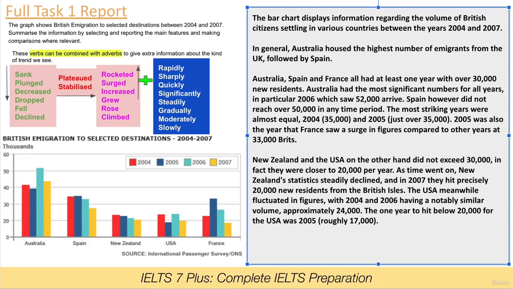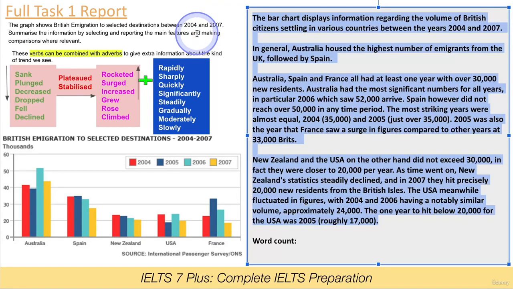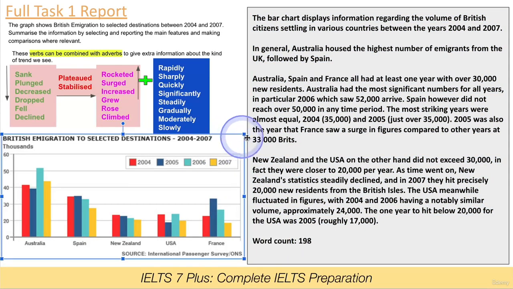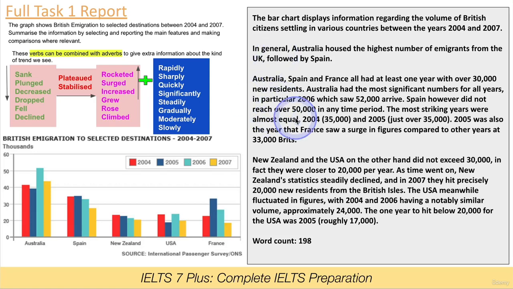The one year to hit below 20,000 for the USA was 2005, roughly 17,000. Okay, I think that's good. We've just gone back, checked the spelling, checked the grammar. Now let's check the words. Okay, so that reaches a total of 198 words. So a nice amount there. We've got our two groupings, we've got our paraphrasing and our overview. So I think that's a successful essay there.